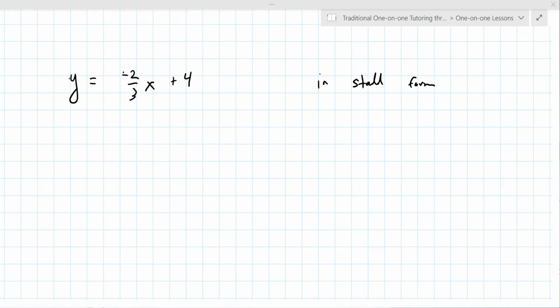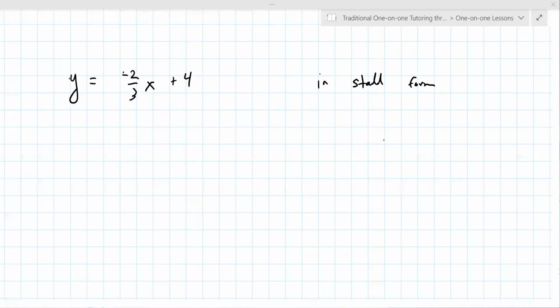How are you doing on this one? Good. Is it 2x plus 3y equals 12?